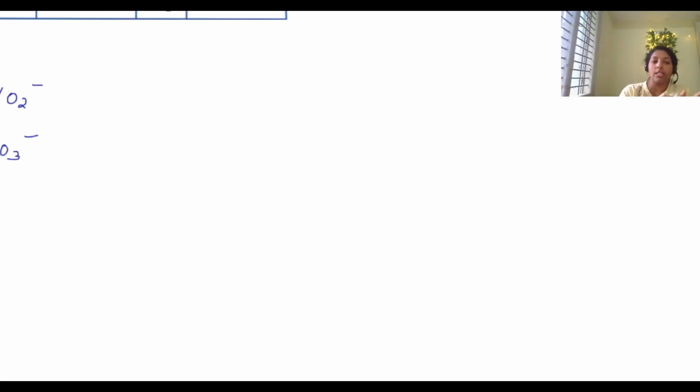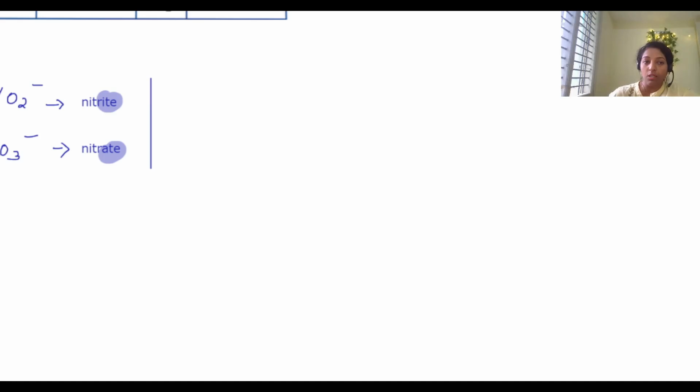Higher oxygen always ends like -ate, lower oxygen will end like -ite. So NO2 minus you can write as nitrite, and NO3 minus you can call nitrate. ATE means higher oxygen content and ITE indicates lower oxygen. So that is nitrogen's combos.